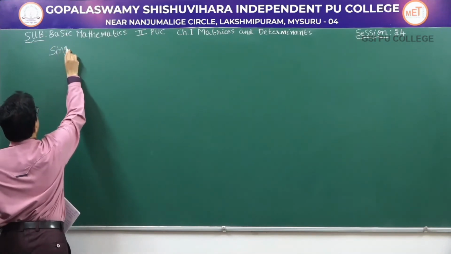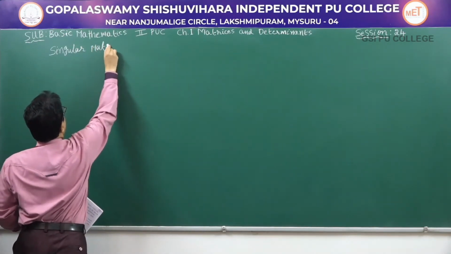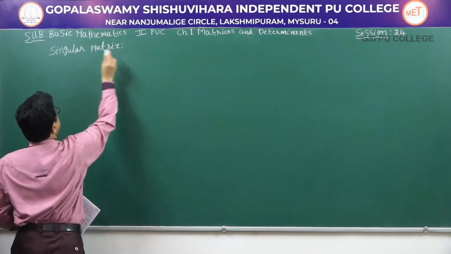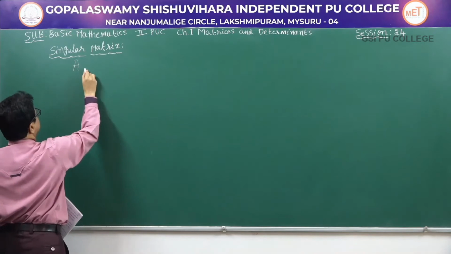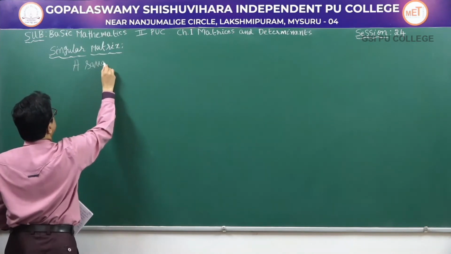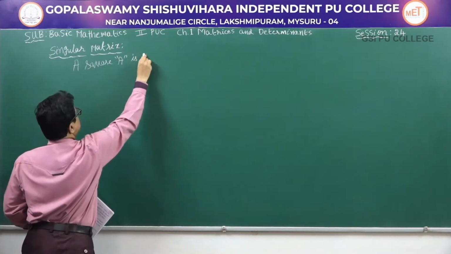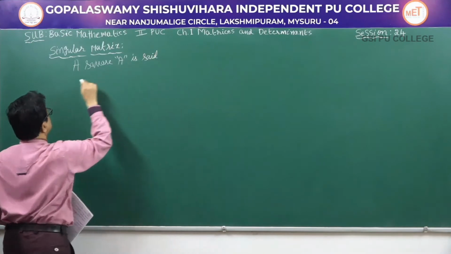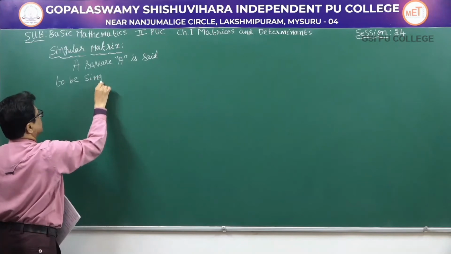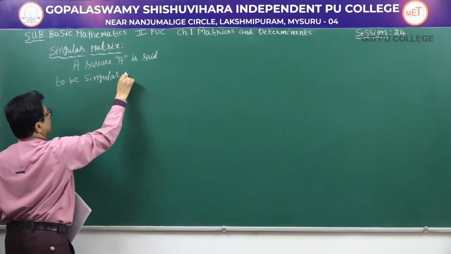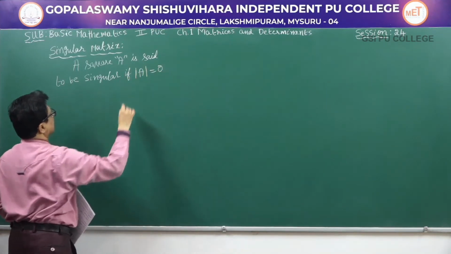Singular matrix. A square matrix A is said to be singular if determinant of A is equal to 0.